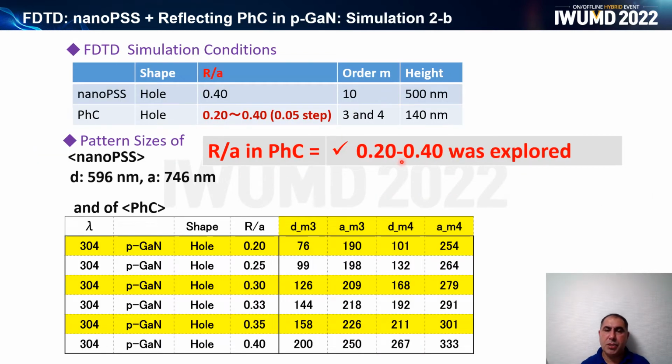After optimization from 0.2 to 0.4 by using the same nanoPSS which I discussed before, the PHC parameters are shown in this table, and the height of the photonic crystal was 140 nanometers, and orders 3 and 4 for the light path were used.